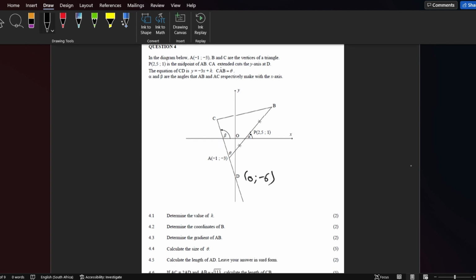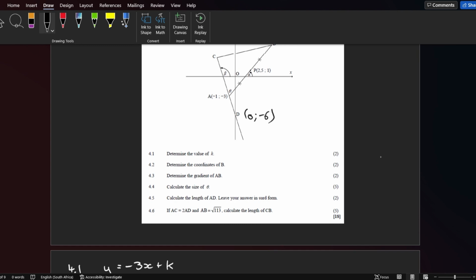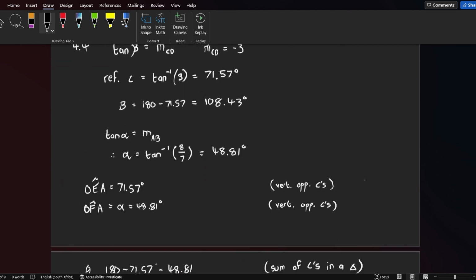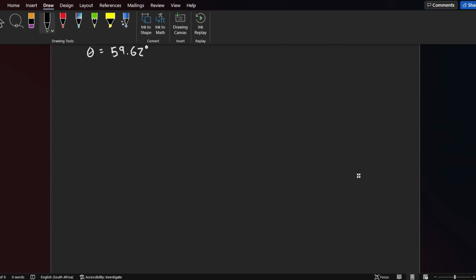Right. So they want the length of AD, so we simply use our distance formula. For question 4.5, we know that the length of any line is equal to the square root of the difference in the x-coordinates at the end of that line squared plus the difference in the y-coordinates squared.